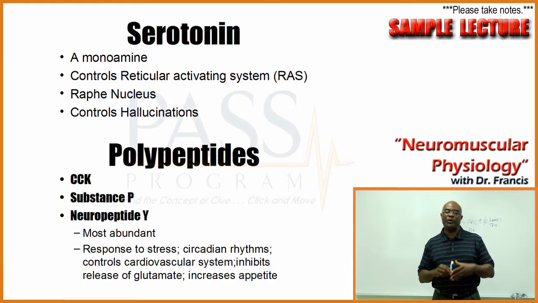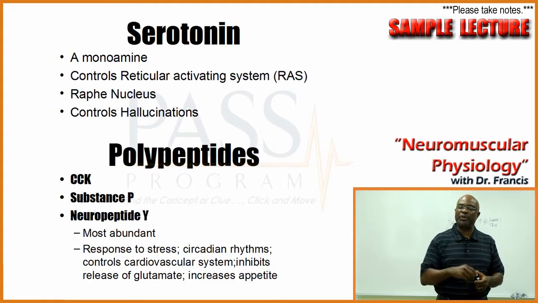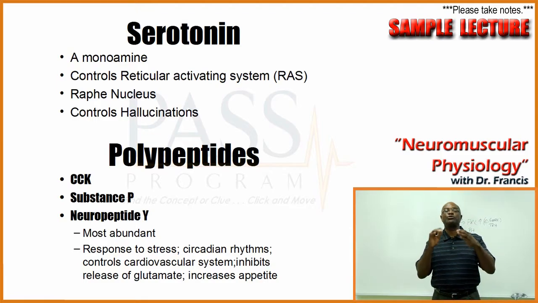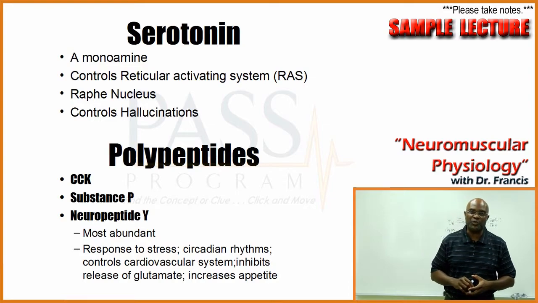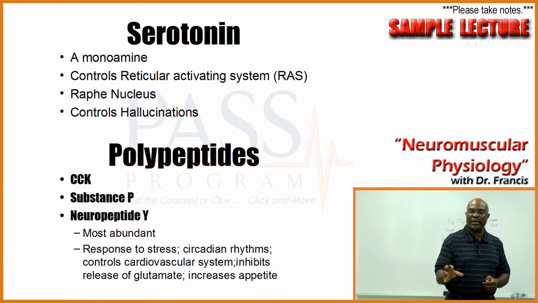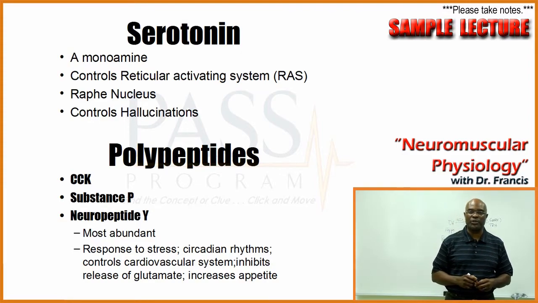Think about if you don't go to sleep, then that means you cannot awaken every morning. If you do not awaken every morning, your RAS does not get that simple burst of serotonin released to you, which means after a while you lose control of your hallucinations. This is why when somebody has lost a lot of sleep or has not slept for a long time, they start to hallucinate. So serotonin controls your hallucinations.